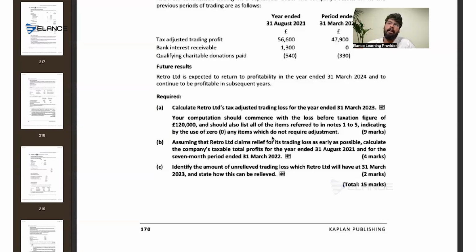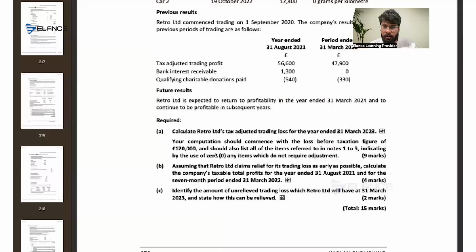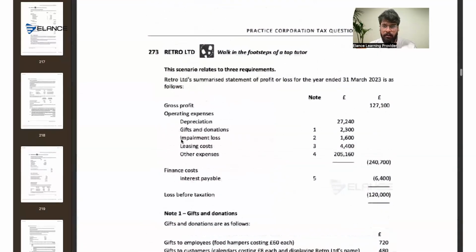If there is any item that doesn't have any adjustments, we should mention that in the answer as 0. Okay, so let us start the question. Loss before taxation 120,000.